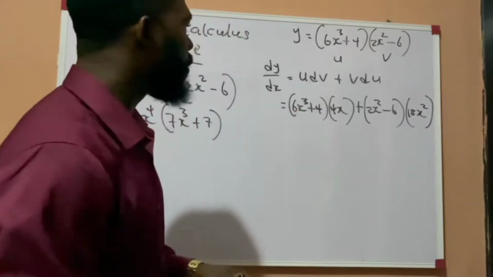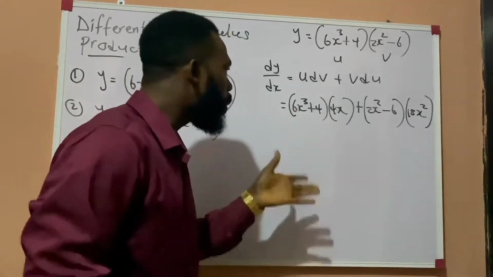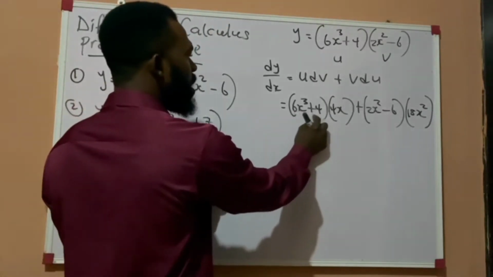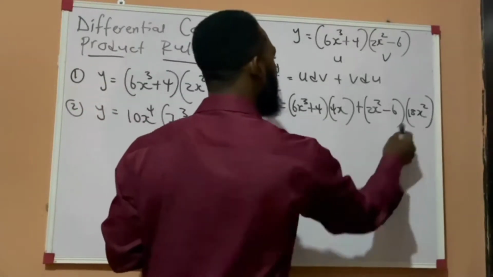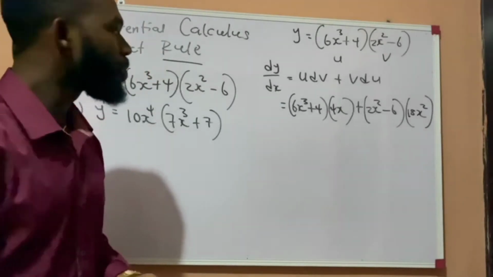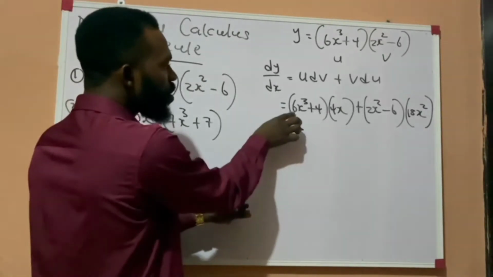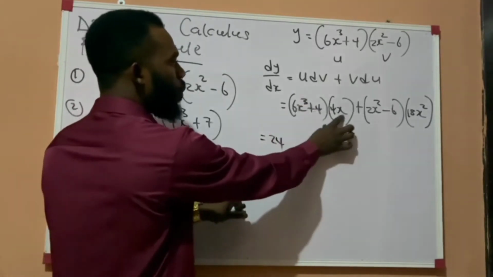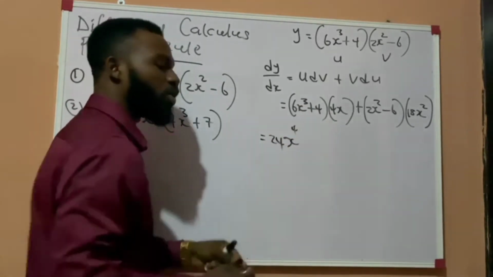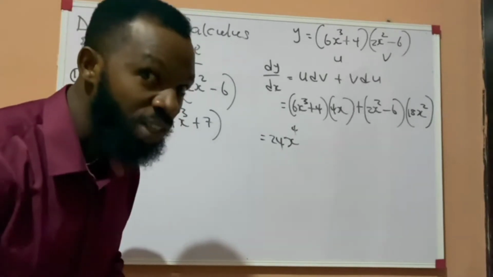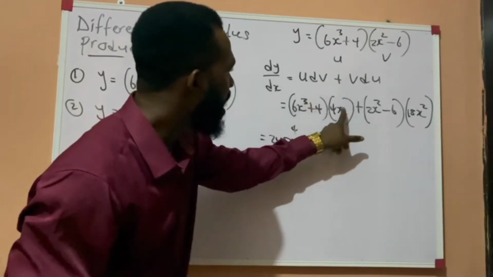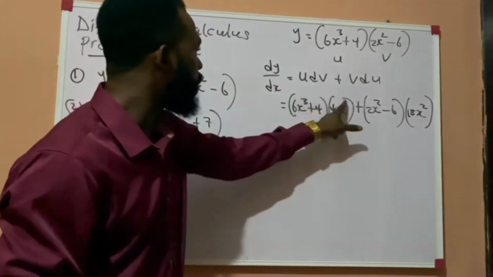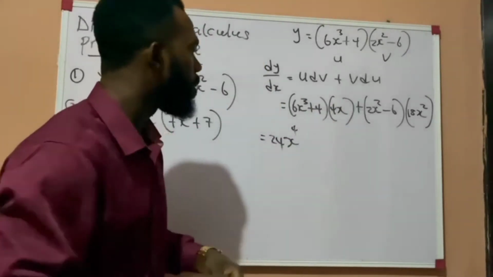Now that we are done differentiating, the next thing is to open the brackets. When opening the brackets, everything in the first will multiply what is inside the other bracket, and everything in the second will multiply what is inside its bracket. 6 times 4 gives us 24, and x raised to the power 3 times x gives us x raised to the power 4, according to the laws of indices: when you multiply, you add the powers, so 3 plus 1 gives us 4.